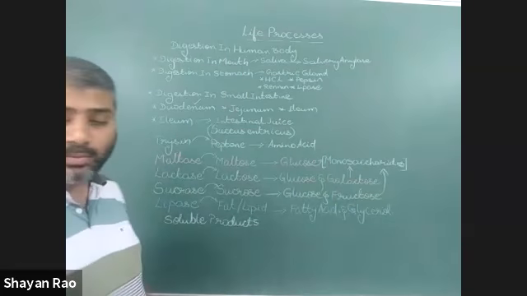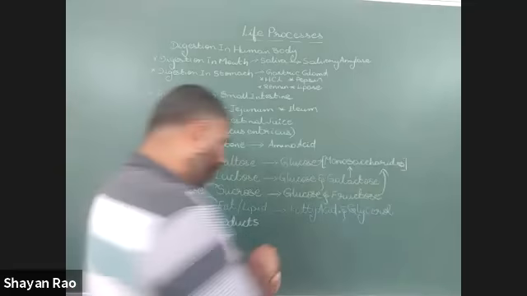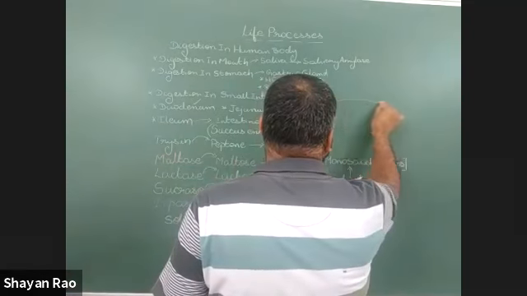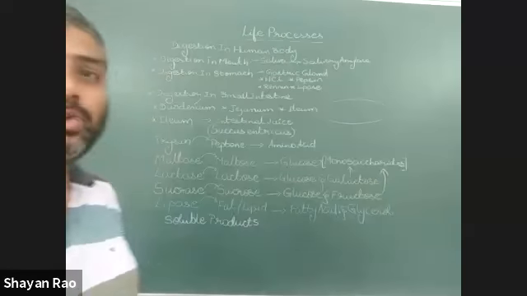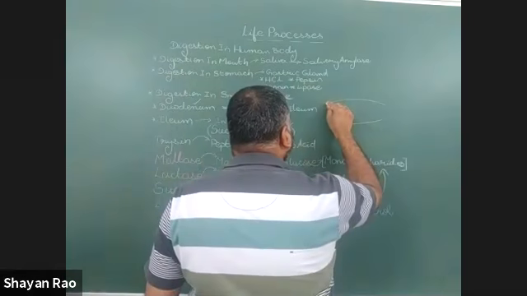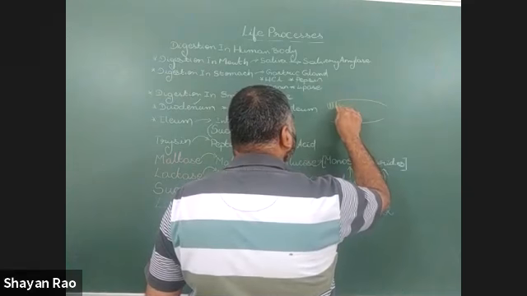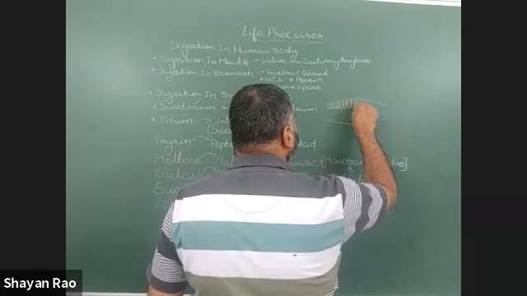Now observe the board, everybody, I will draw the diagram. Assume this is the lumen of the small intestine. The small intestine lumen will have columnar epithelium cells like this.